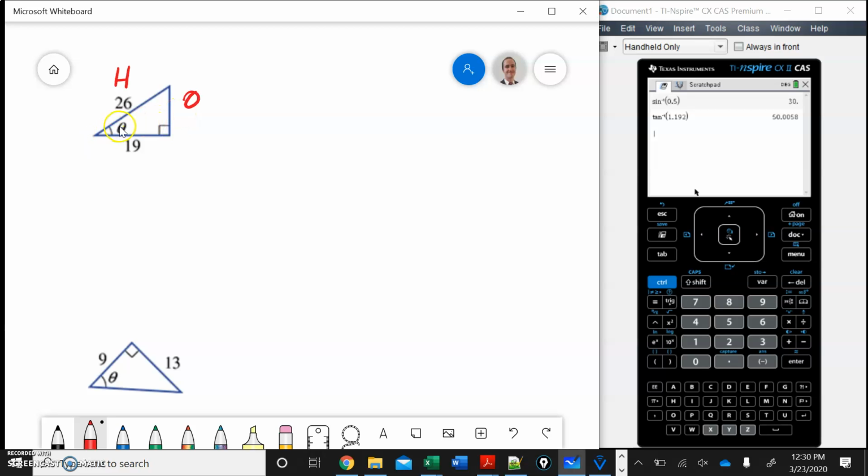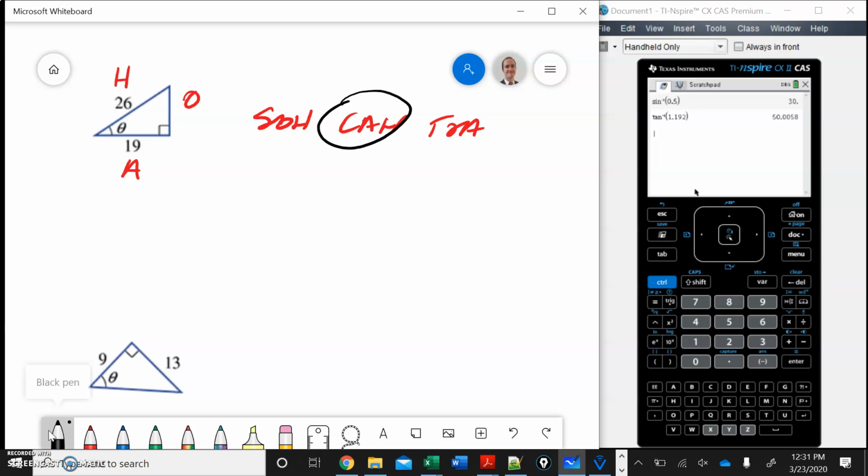The side that's adjacent to the angle is labeled A for adjacent. We're interested this time in the adjacent side and the hypotenuse. So remembering SOHCAHTOA, we're going to be using CAH this time.